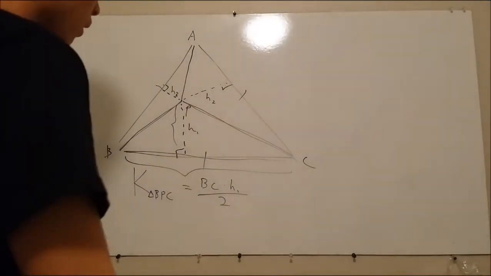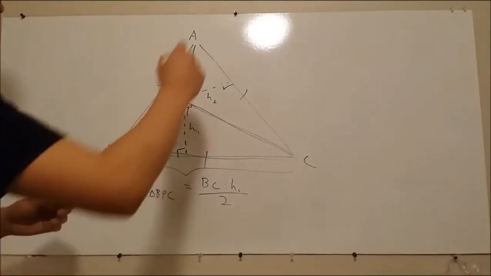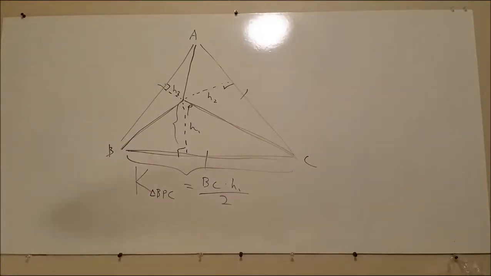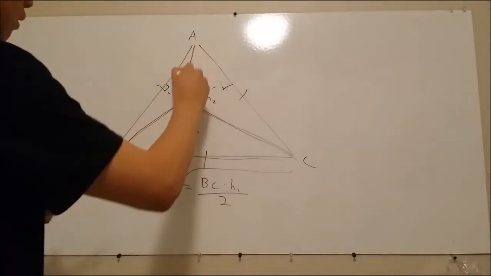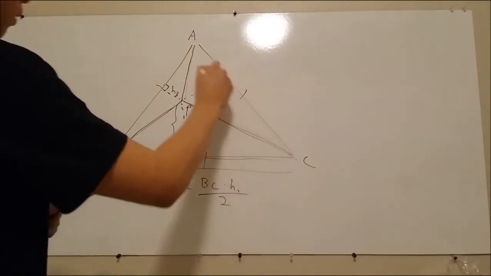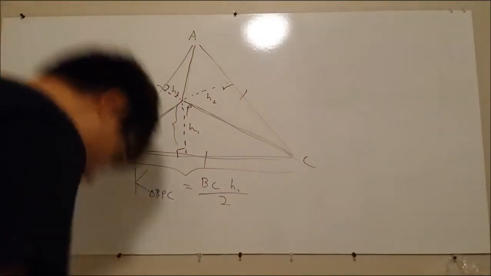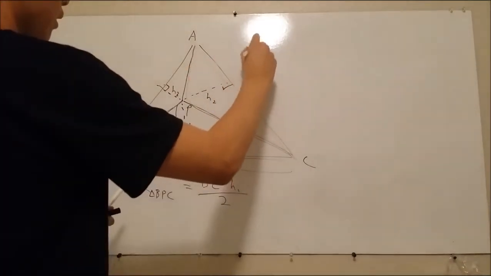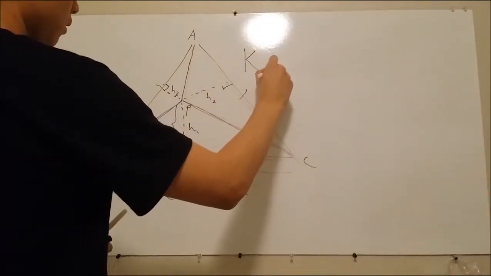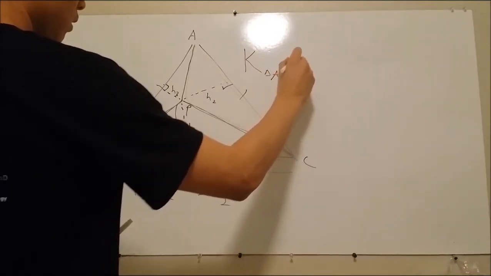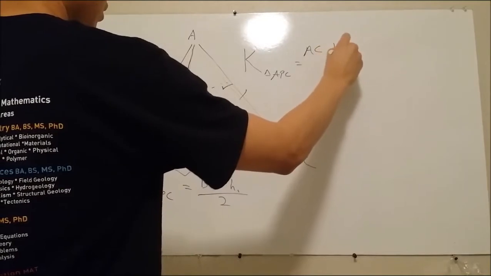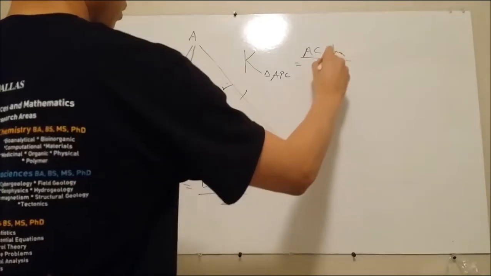Right? And similarly for triangle APC, let's see, triangle APC right here, we have a similar formula. Indeed, we have area of triangle APC is equal to AC times H2 over 2.